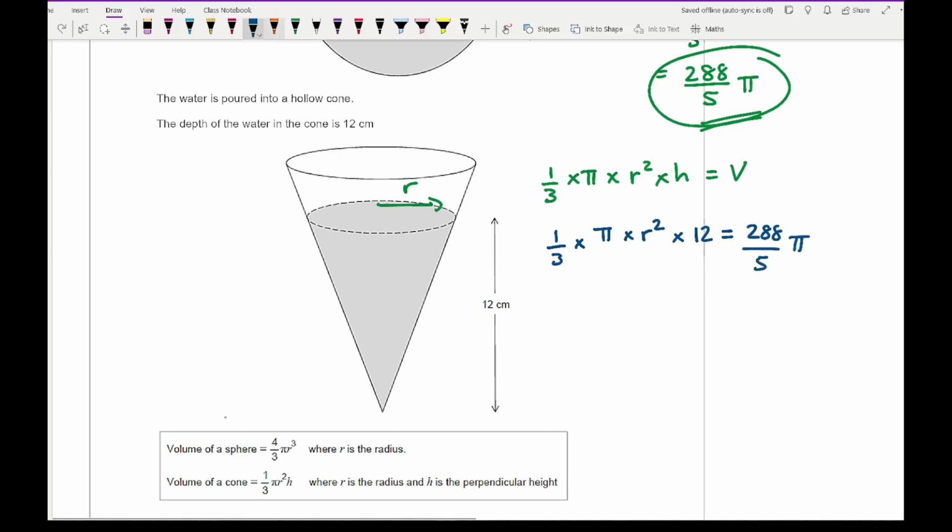Now from this, let me just neaten it all up. So if I convert all these into fractions, I can neaten up the left hand side. So I've got 12 pi r squared all over 3 equals 288 pi over 5. And then all I need to do is just do some cancelling. So here the pi cancels out, and then I can do a bit of cross multiplying.